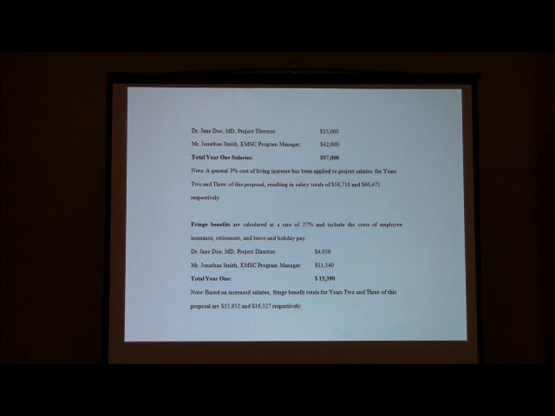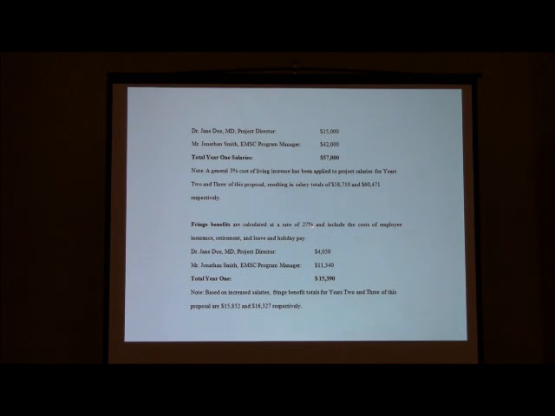100% devoted to the program, and how much federal funds will be required for his position. Then a total of those two together for year one salaries here, and then the note of a 3% cost of living has been applied to project salaries for years 2 and 3 of this proposal, and something about they go up in years 2 and 3.